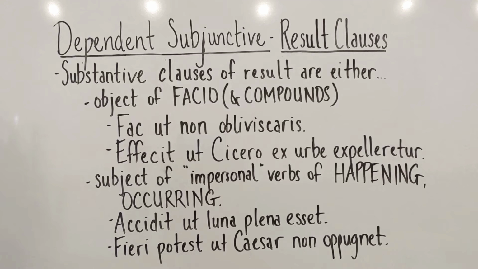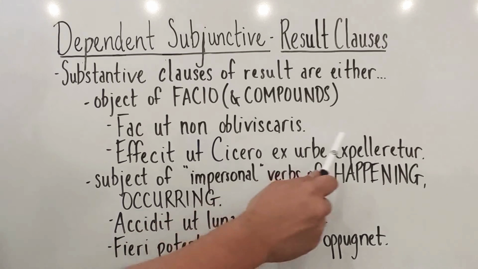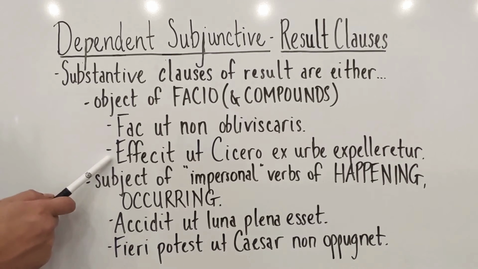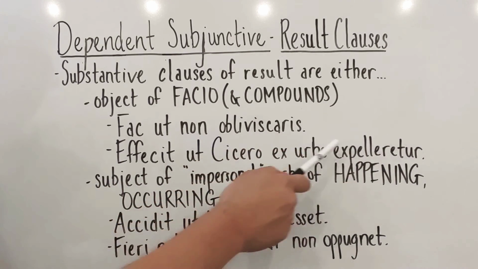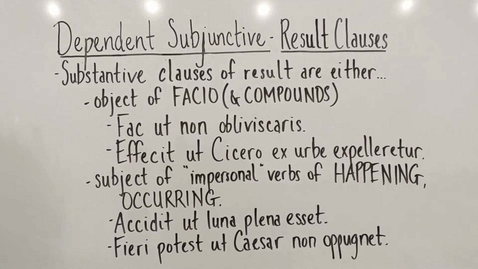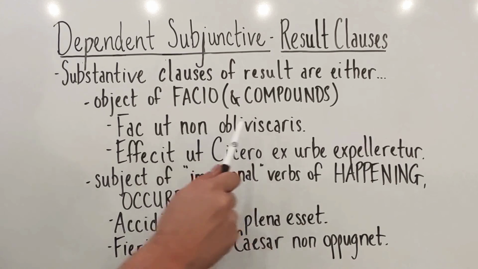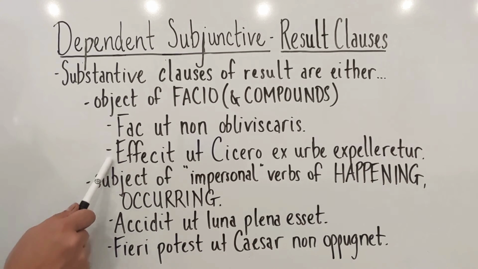He caused something to happen, and the result of that was that Cicero was banished from the city. He brought it about that Cicero was banished from the city. These are substantive clauses of result. And they're the objects, like one big long accusative, of these main introductory verbs. Facio or a compound of facio.